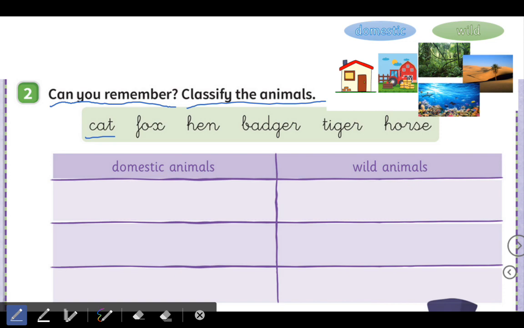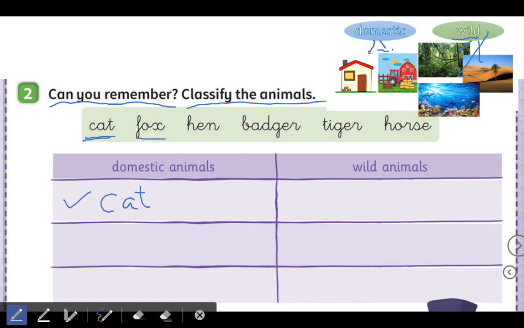Remember that domestic is an animal that lives in a house or in a farm, and a wild animal is an animal that lives in the forest, in the desert, in the sea, or wherever except a house or a farm. Alright? So a cat is domestic or wild? Well done. A cat is a domestic animal.